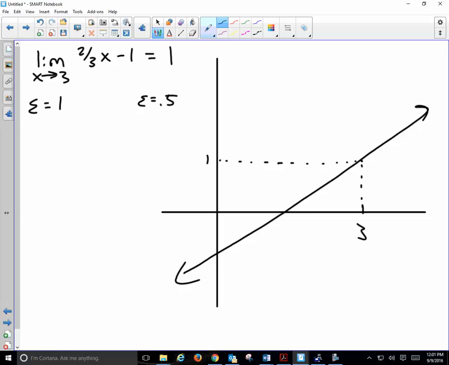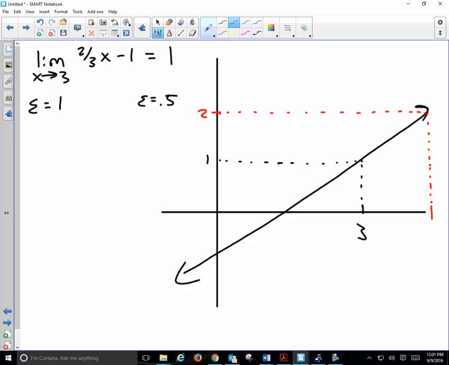So, any confusion how I started? Yep. Sure. Epsilon is 1. So if I go 1 up, where does that bring me? And if I go 1 down, where does that bring me?